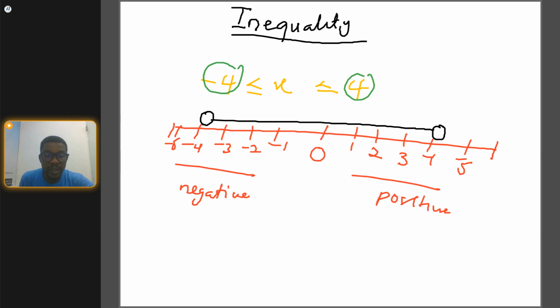This one is a weak inequality sign, which is less than or equal to. So less than or equal to means we are going to shade this. This represents less than or equal to. If you check this also, it is less than or equal to. That means we are going to shade this portion.